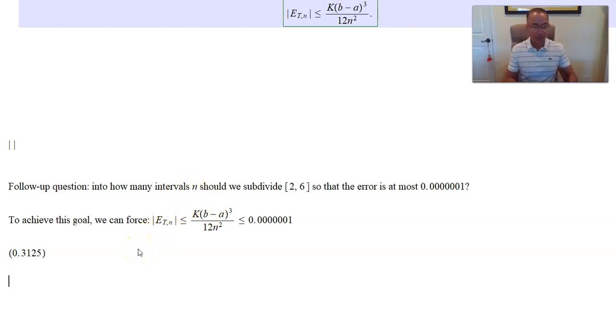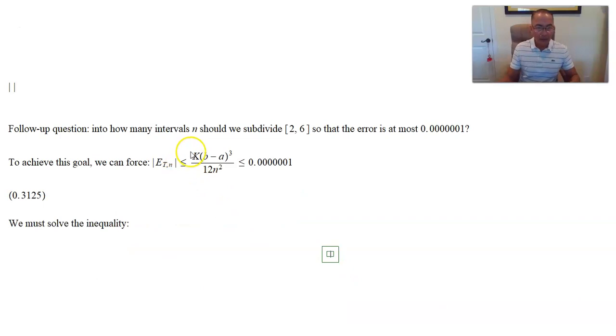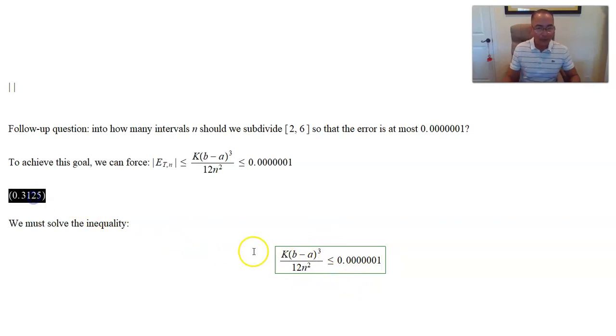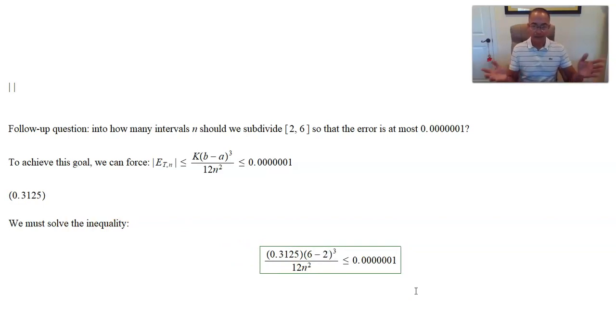So we must solve the inequality, where K is 0.3125 and B minus A is 6 minus 2. We must solve that inequality for n. That is our goal.